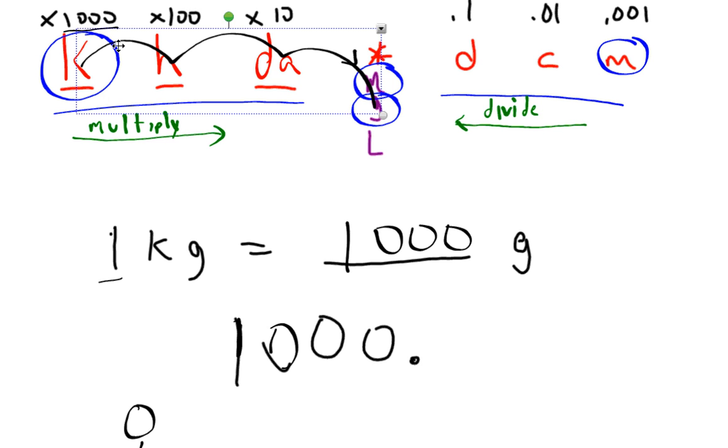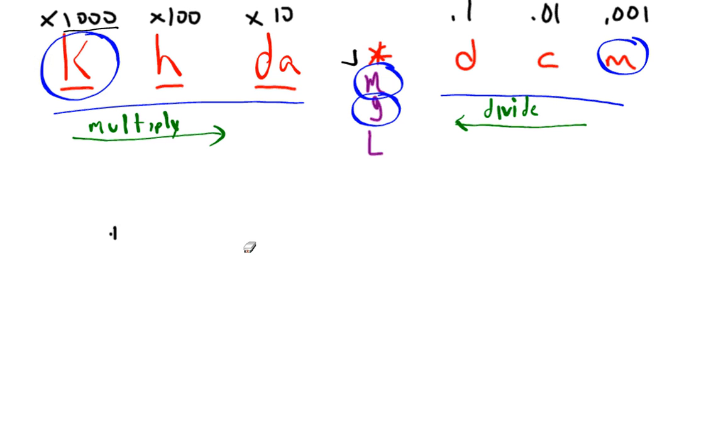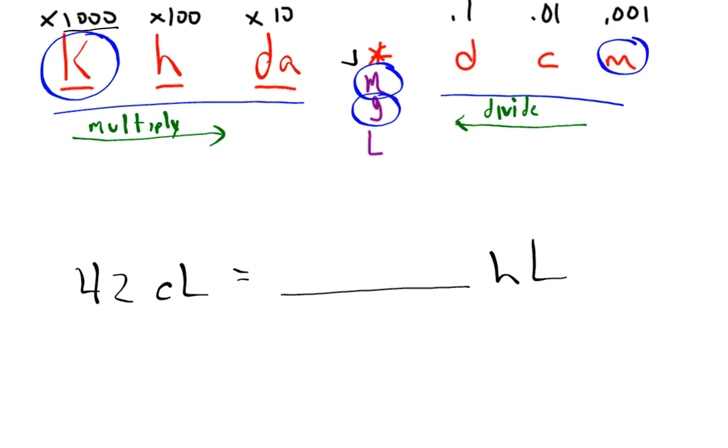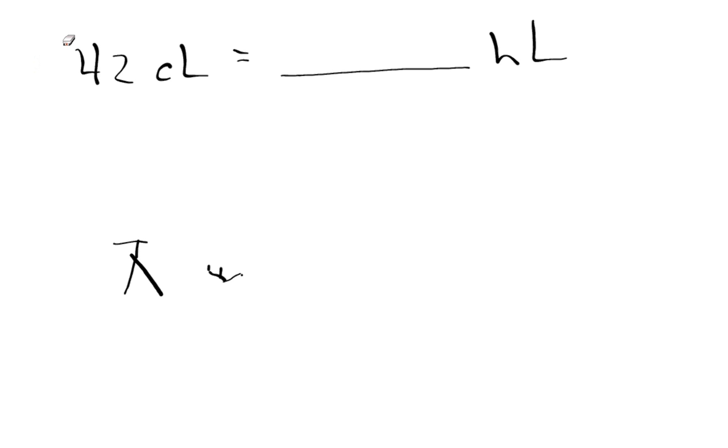Let's do another one. All right. So let's say that we have 42 centiliters, and we want to figure out how many hectoliters that is. Well, let's get a visual on our headless dude down here. All right, he's straight ahead now.